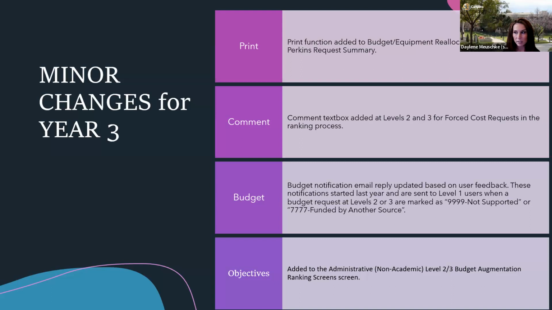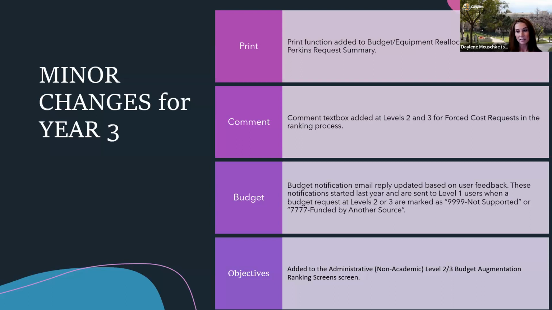And then for budget, the automated notification that started last year for any items that are marked as 999, which means not supported, or 777, funded by another source, an automated email goes out. We got some feedback from some recipients last year, and we made some adjustments to the wording on that email. So again, thanks to user feedback, we were able to make some adjustments to that automated email message.